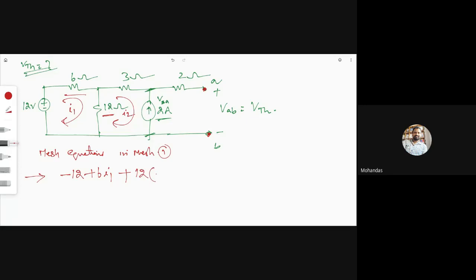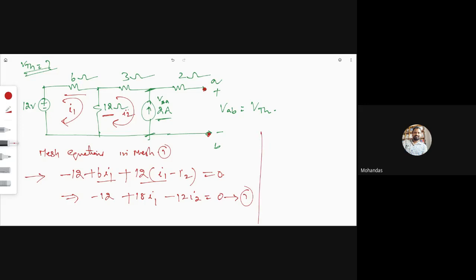Should I write I1 minus I2 or I2 minus I1? As you are writing the mesh equation for mesh 1, you have to write I1 minus I2, because this mesh current is greater, which is equal to 0. If you simplify this, it is minus 12, this is 6 I1 plus 12 I1, which becomes 18 I1 minus 12 I2 equal to 0. Let us say this is equation number 1.